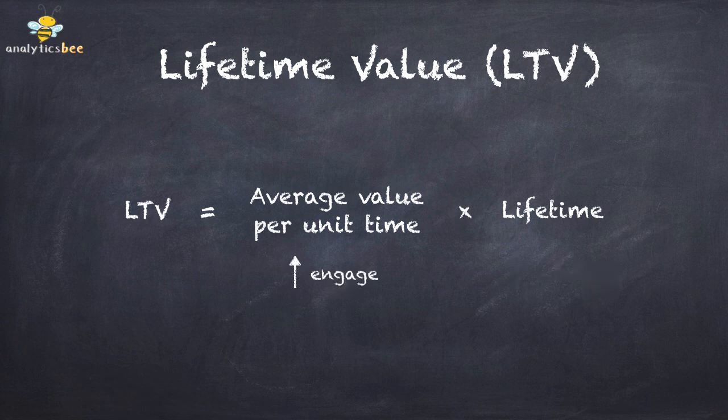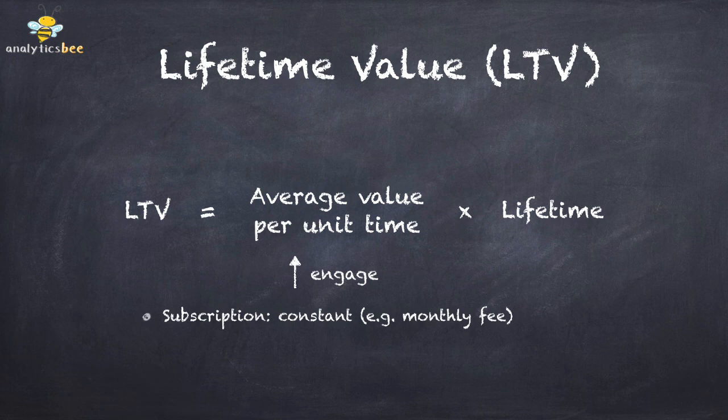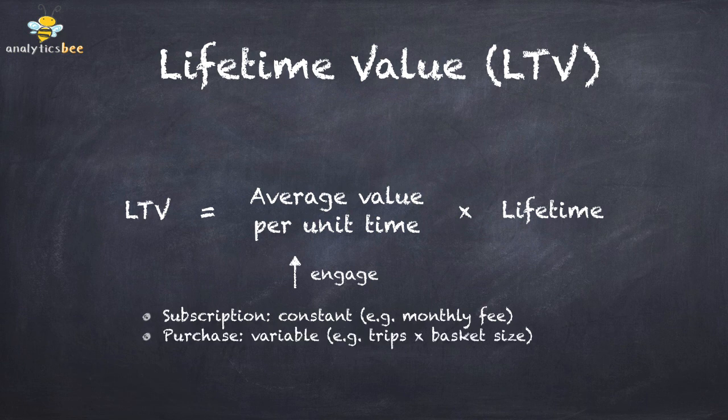The average value per unit time largely depends on the business model. For a subscription-based business model, the average value per unit time is essentially the subscription fee. For a purchase-based business model, the average value per unit time depends on both the frequency of purchase and the amount of each purchase.